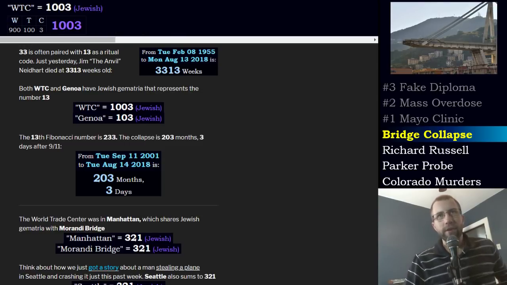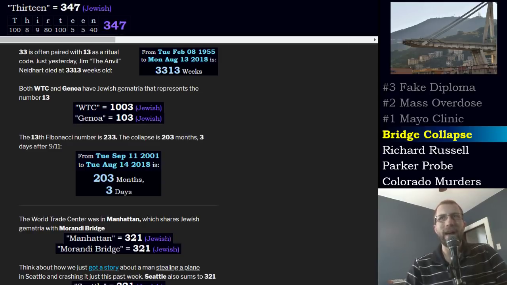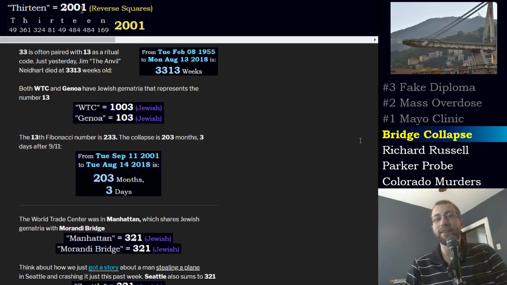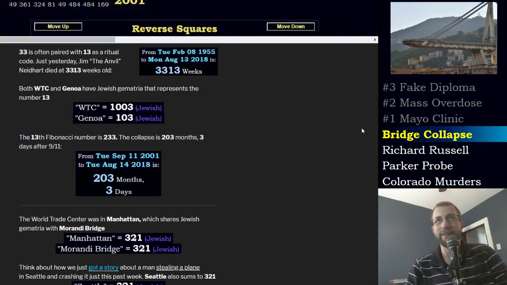In Jewish gematria, WTC has a value of 1003, 13 being a super significant ritual code. In fact, when you write out 13, you get a gematria of 2001, like the year of the 9/11 attacks, right?